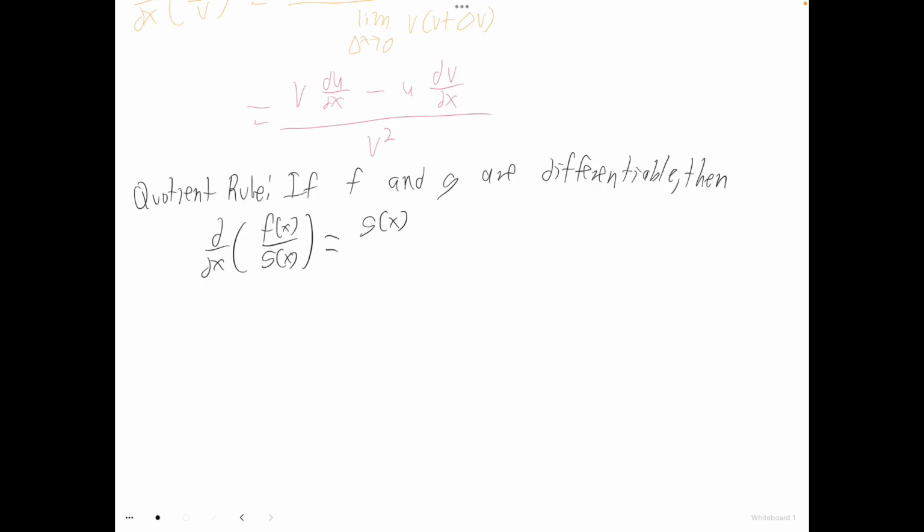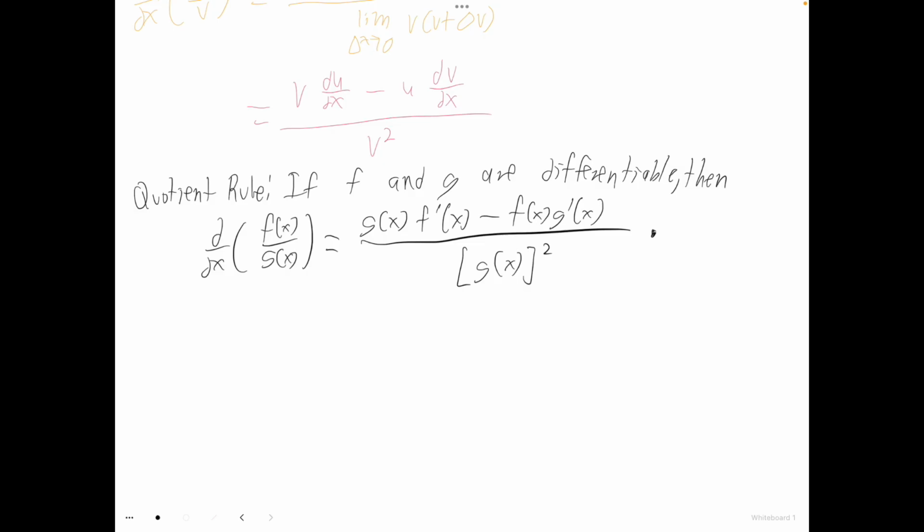So we have g of x times the derivative of f, which was f prime of x, minus f of x times g prime of x, because dv over dx is g prime, all divided by v squared, which is g of x squared. And so this is our quotient rule.